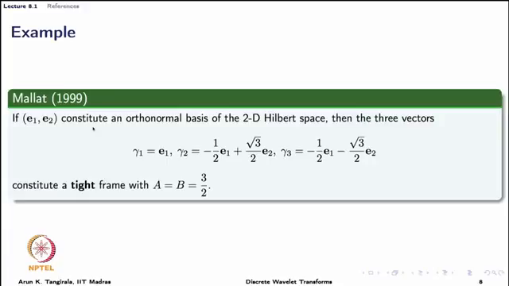But instead of choosing E1 and E2, if I choose gamma 1, gamma 2 and gamma 3 as my new basis, I do not want to call this a basis as yet, but a new set of representing functions, then what kind of a frame do I get? Now it turns out that you get a tight frame with A equals B equals 3 by 2, and let us see why this is the case.